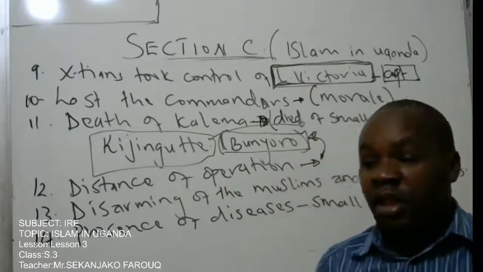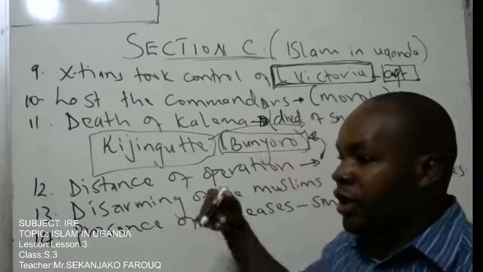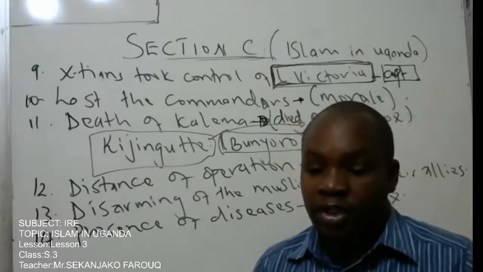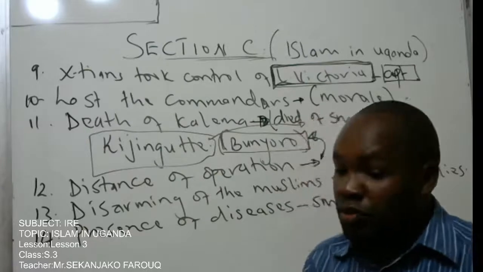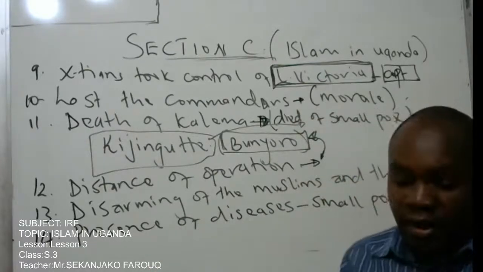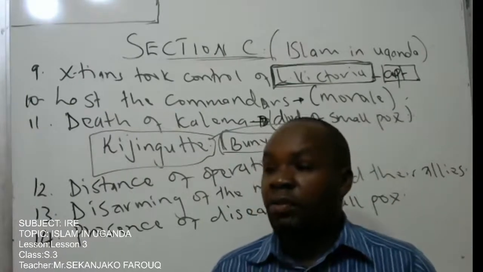Remember, in the first days, when the Muslims were defeated, they had to rush to different areas which had a harsh environment. For example, Kijungute, where they settled, and they ended up being attacked by a number of diseases, and they lacked medicine at the time.